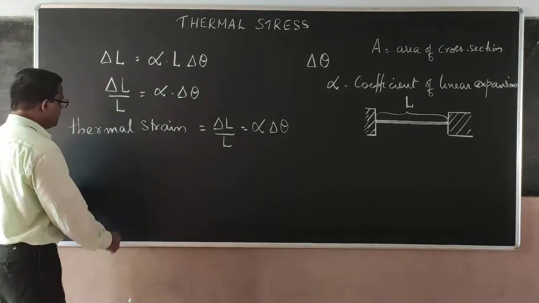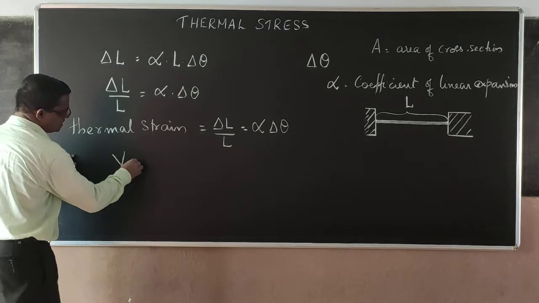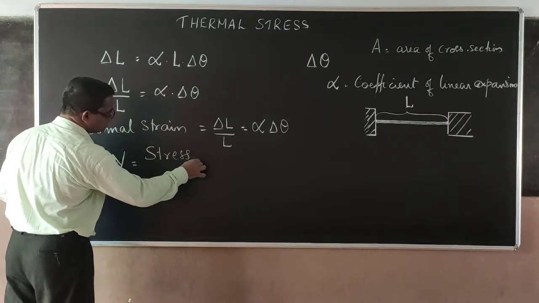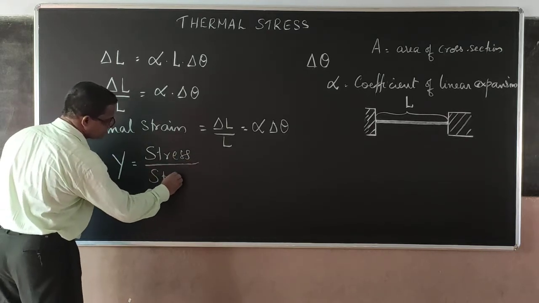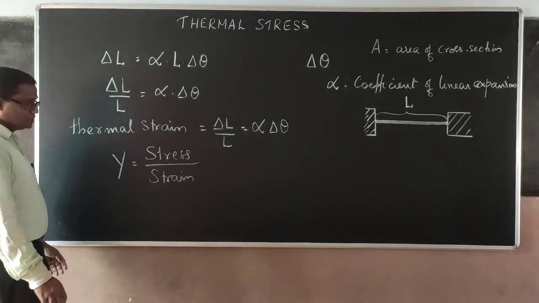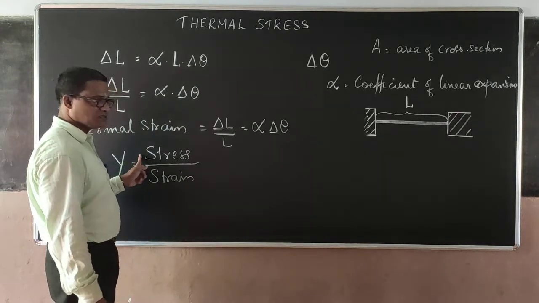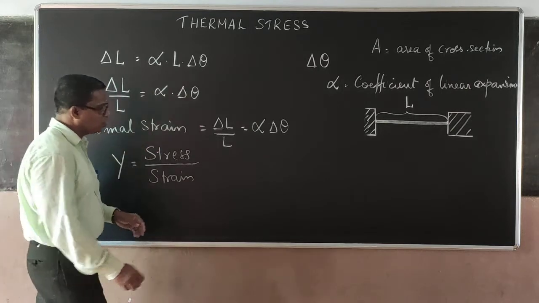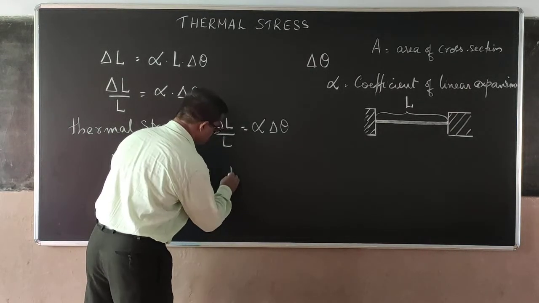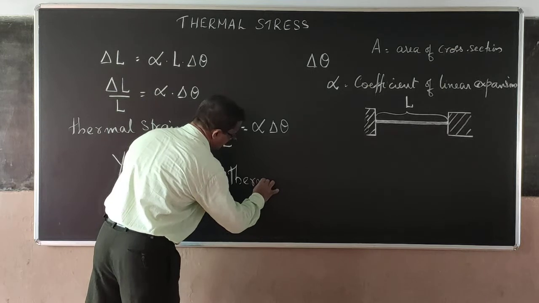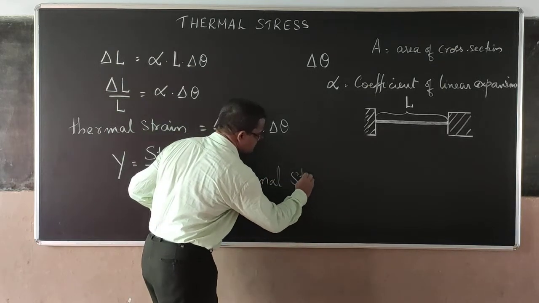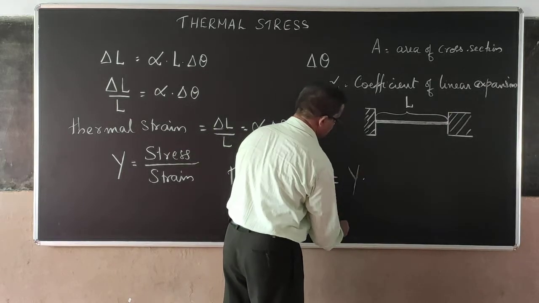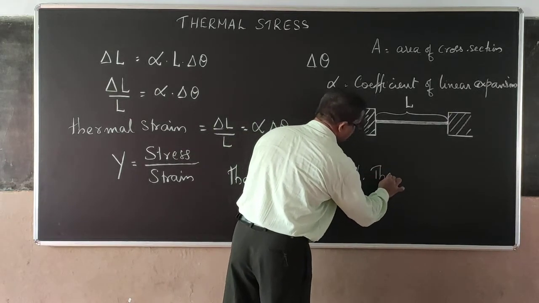But we know that Young's modulus is equal to stress divided by strain. Therefore, stress will be equal to Young's modulus into strain, but the strain is thermal strain, therefore thermal stress will be equal to Young's modulus into thermal strain.